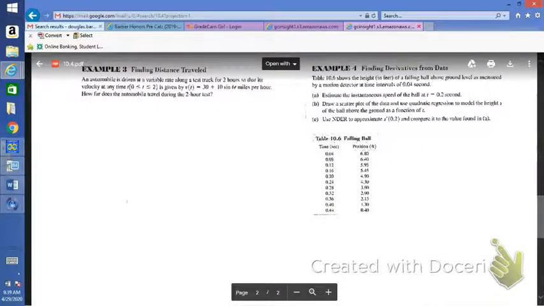Okay, so actually what we ended up doing is we did not answer A. For part A it said to estimate, so that would require us to have done it by hand. We did not do that. So what we did was parts B and C. We drew a scatter plot of the data. We got a quadratic regression to model the height.